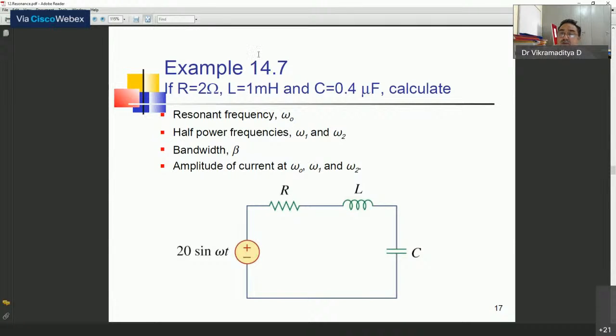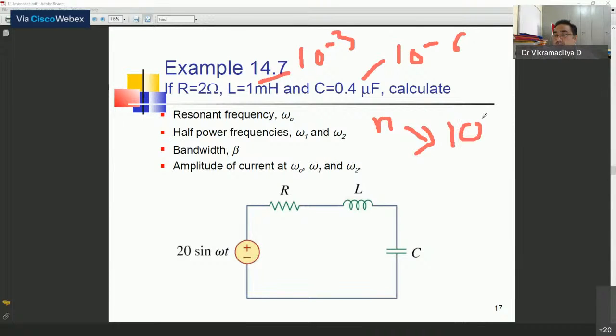Micro, this symbol is of the micro. Those who don't know, this m represents milli, that is 10 raised to power minus 3, and micro is 10 raised to power minus 6. If it is n, it represents 10 raised to power minus 9, nano. And if it is pF, then what does it represent?